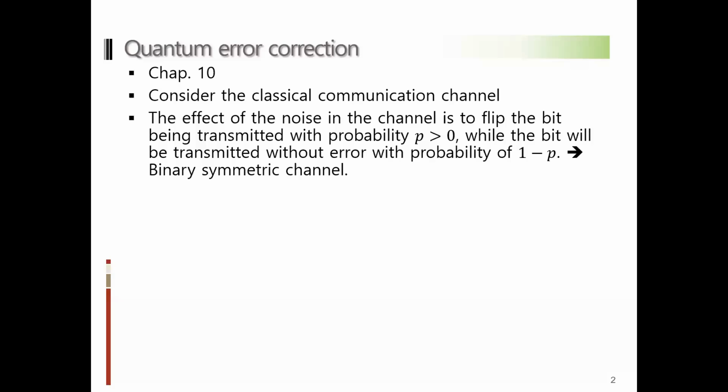Before we continue the discussion about quantum error correction, let me first start with a review of classical error correction. Let me ask you one question: why are we using digital compared to analog?